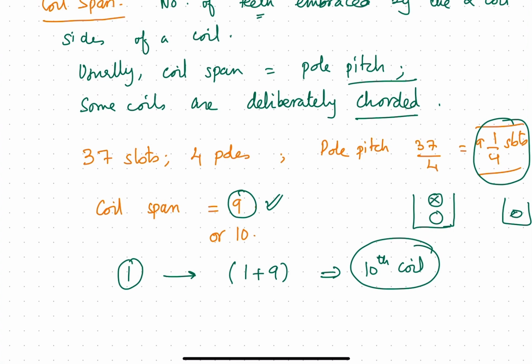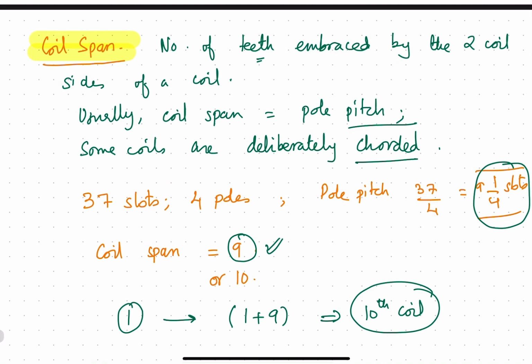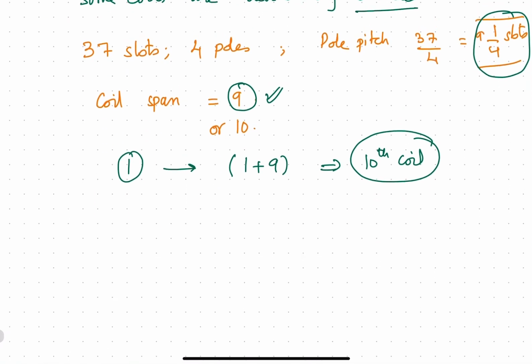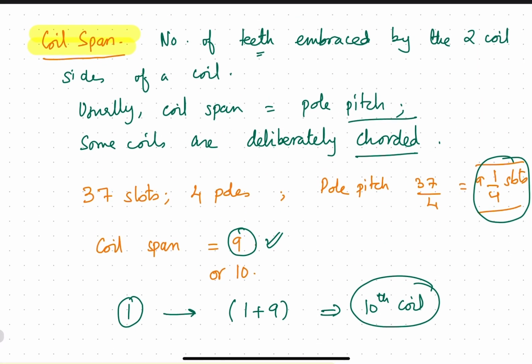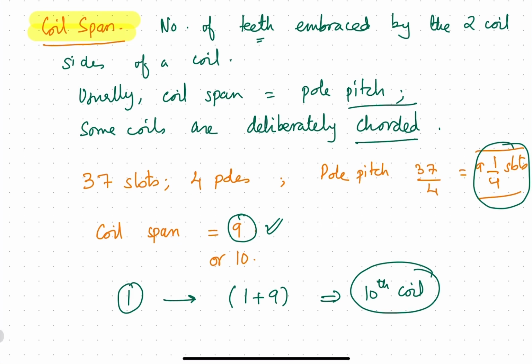So the winding starts from the top of one slot and goes to the bottom of the other slot. So this is about the coil span. These are some basic definitions. You must understand them well and remember them, and these will be very important in the further discussions.